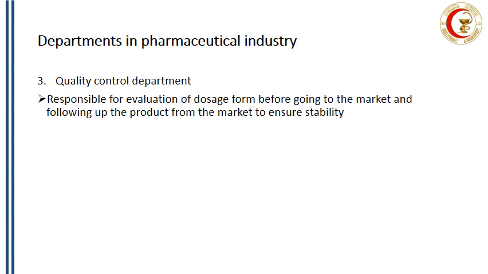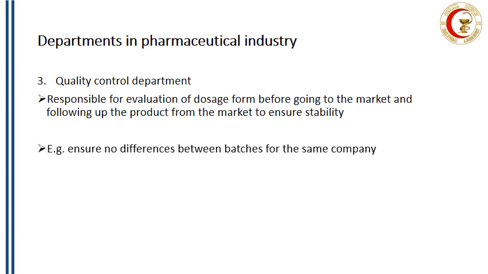But the quality control department is a must to ensure that all the manufactured batches are in line with all the regulations, different regulations in different countries depending on certain certificates that the plant or the company itself gets. This is to ensure stability, efficacy, and the most important result is to ensure no differences between batches for the same company.